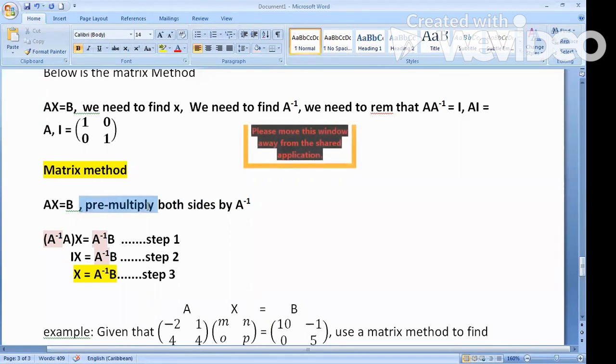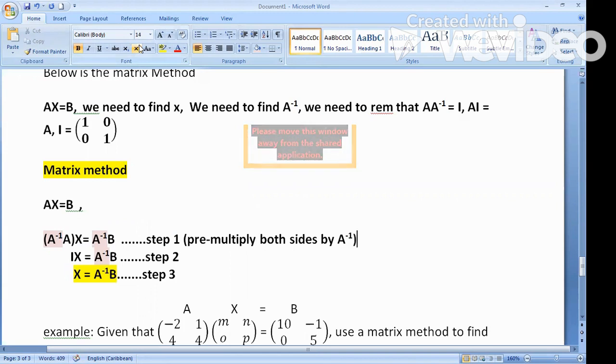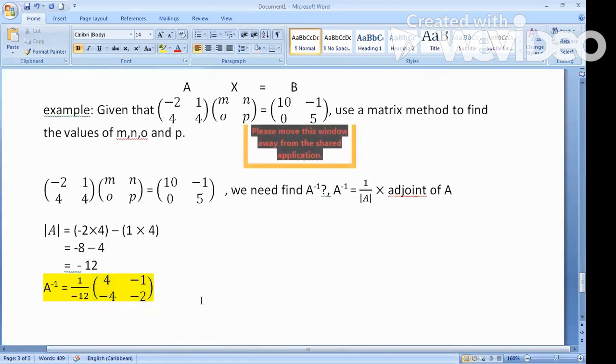Let me put it right here. So we pre-multiply both sides by what? A inverse. Do we know what A inverse is, class? Yes, we just worked it out.